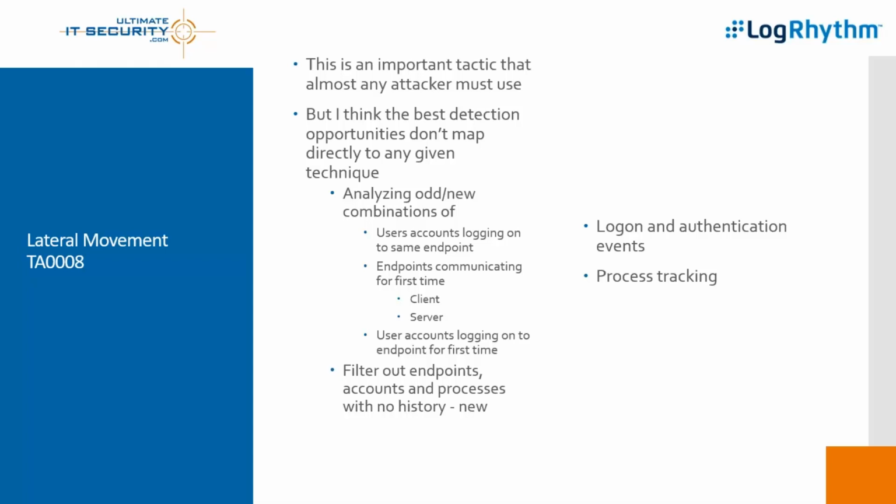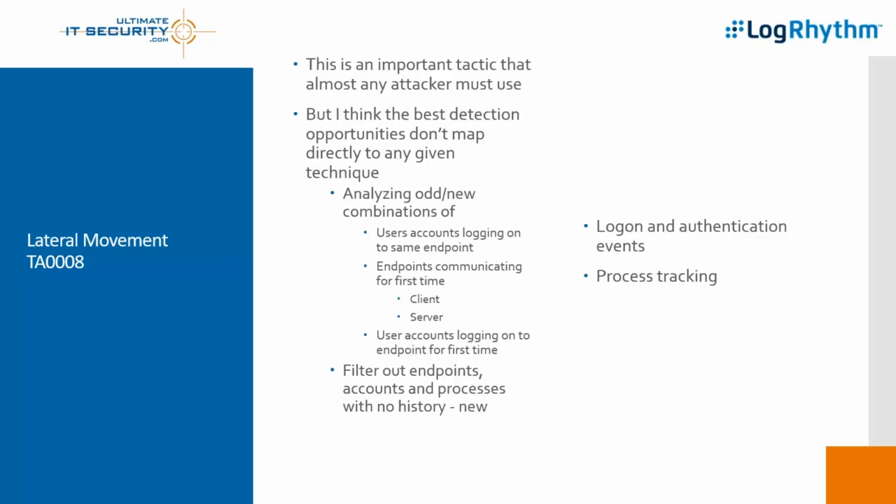Yet we're watching our authentication and logon events, and we see a privileged account and a non-privileged account having logged on in the recent past to a given endpoint. We shouldn't see that combination on any endpoint. Privileged accounts should only be logging on to SAWs, and non-privileged accounts should never be logging on to SAWs, and vice versa with non-privileged systems.